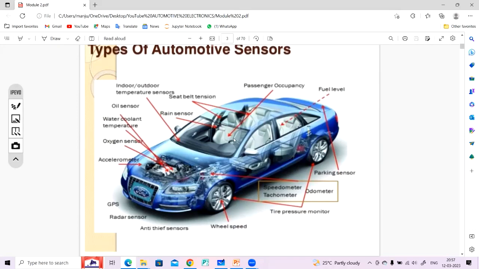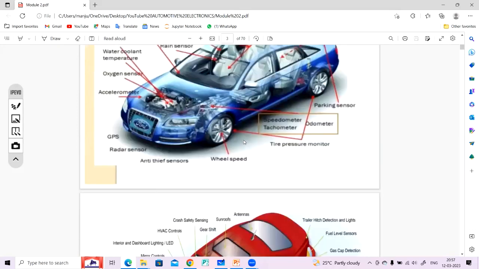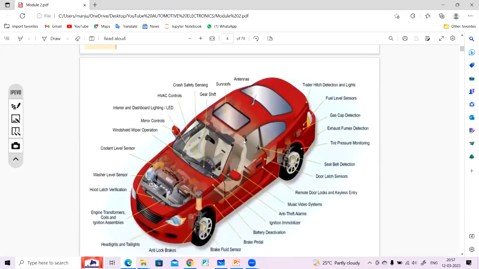These multiple sensors we are going to put in a car to make it modern, looking smart, like smart intelligence. So we have multiple features included to make the car intelligent and smart.